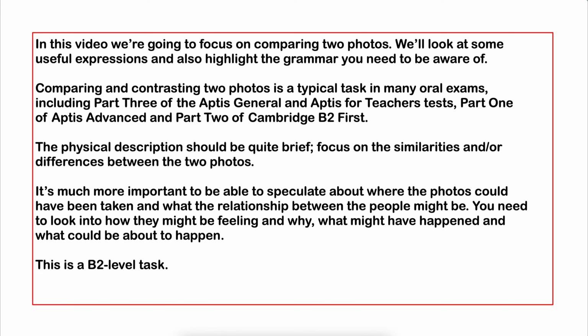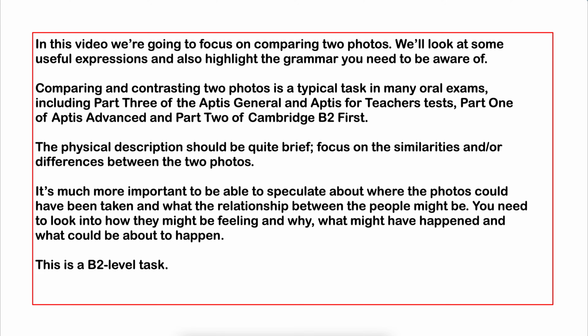Comparing and contrasting two photos is a typical task in many oral exams, including Part 3 of the Aptis General and Aptis for Teachers tests, Part 1 of Aptis Advanced, and Part 2 of Cambridge B2 First. The physical description should be quite brief. Focus on the similarities and/or differences between the two photos.